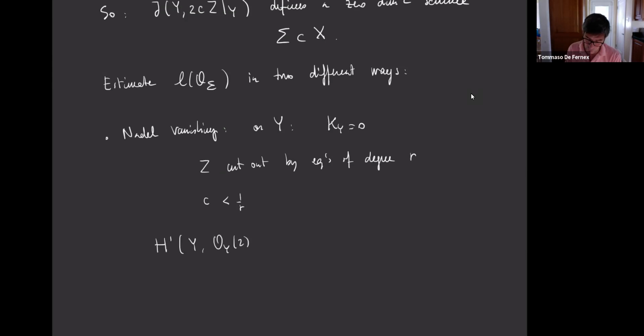The way you want to think about this, pretend for a moment that this is just a divisor, a Q divisor cut out by an equation of degree less than 2. So if I add 2 to it, I get something nef and big, for example. So I get the vanishing of this ideal, which is the multiplier ideal, which is the same thing as the ideal of Sigma.